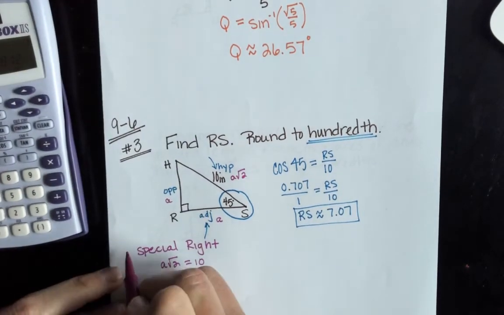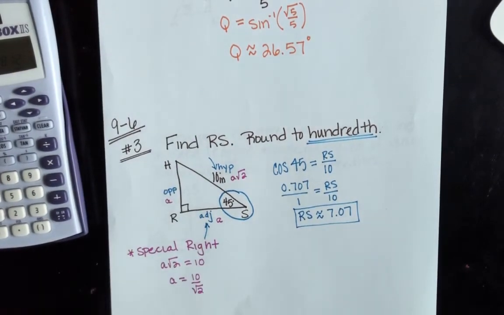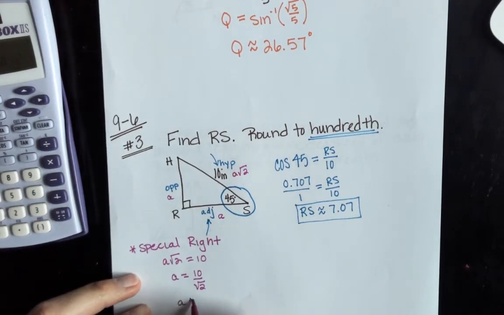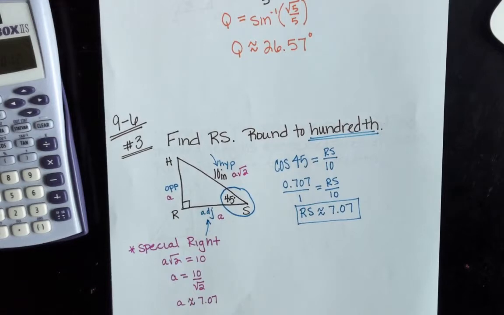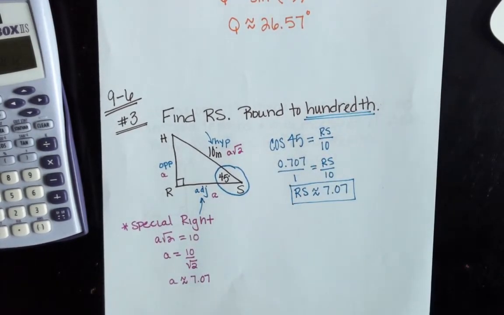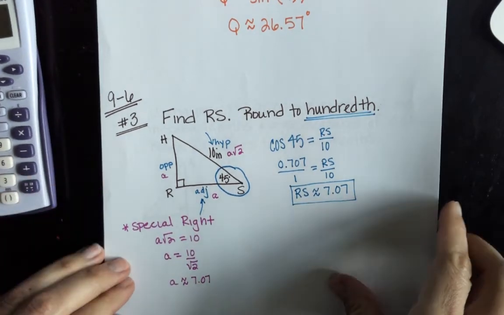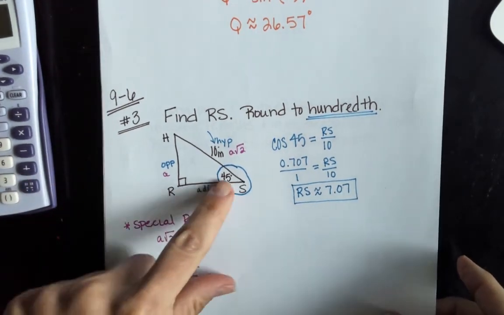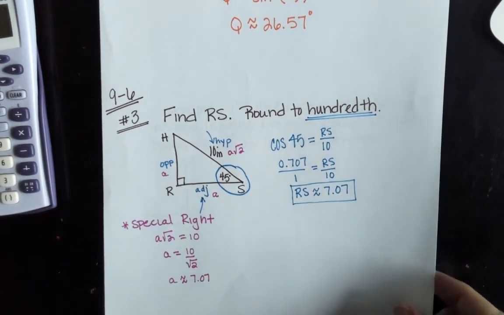So you have a different way to do it if you wanted to. And that's only because it falls into that special right category. Either way, they want it rounded. So I thought that one was interesting just because of the way that happened to be a 45-degree angle.